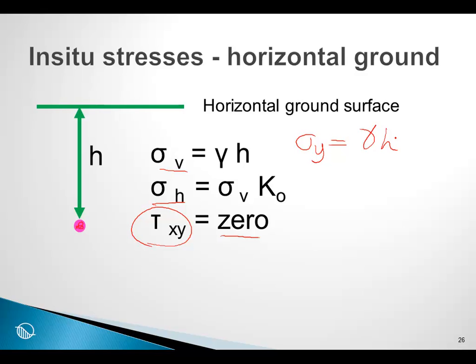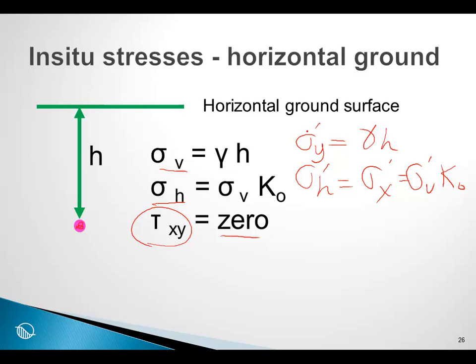It's the overburden stress. And sigma horizontal, or sigma x, is equal to the vertical stress times some ratio K0, but as we will see in the next slide, when we use K0, then we need to deal with effective stresses.